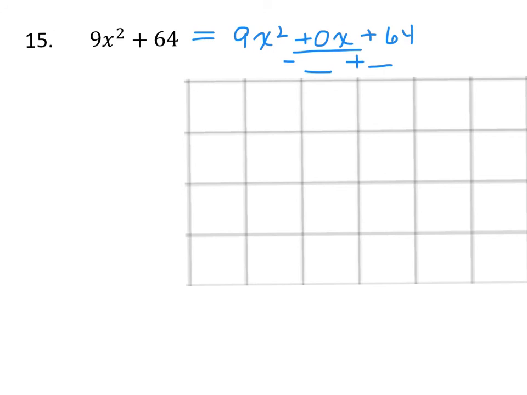We'll begin as usual. Between 9 and 64, there is no greatest common factor. So we're left with only the 9x squared and the 64 to give us any clues.